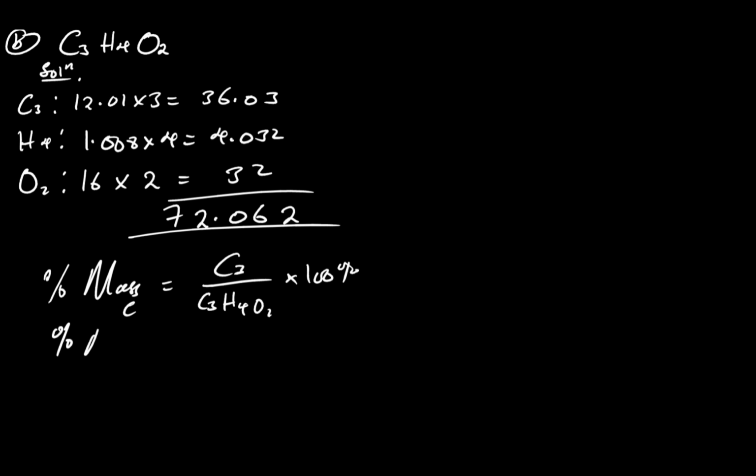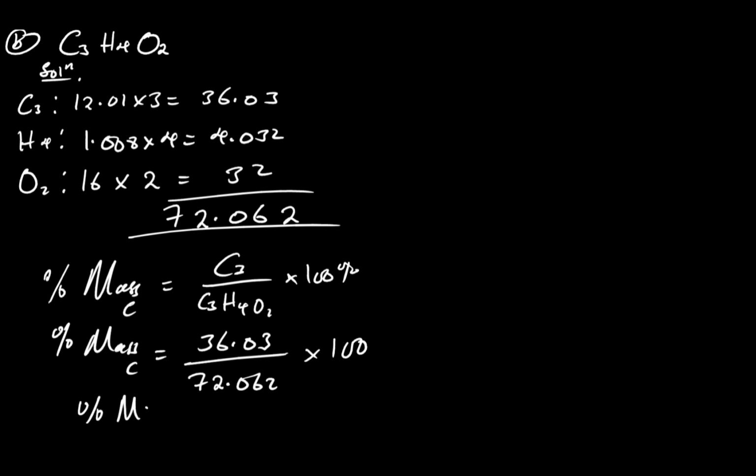So the percentage composition by mass of carbon will be the mass of the element carbon, 36.03, divided by the molar mass, 72.062, times 100%, which will be equivalent to 49.99861231.